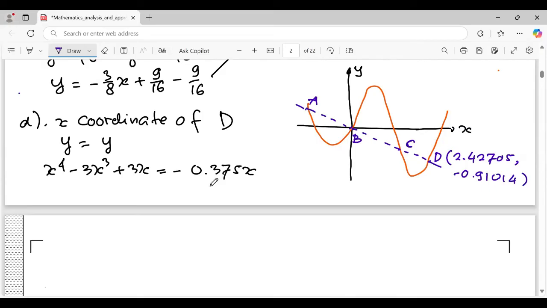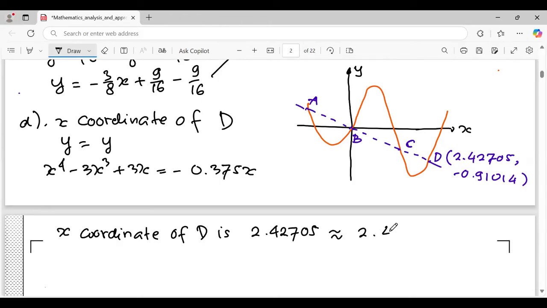So the x coordinate of D is 2.42705, rounded to 3 decimal places, 2.427.